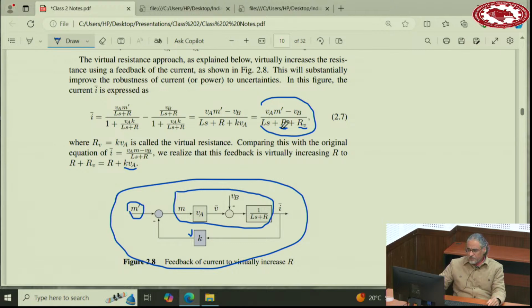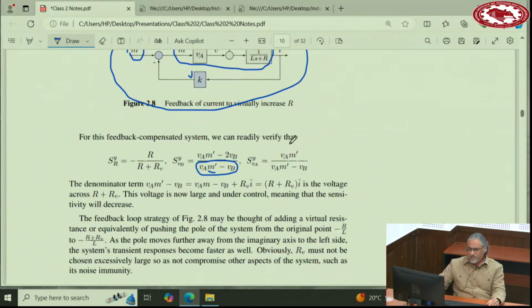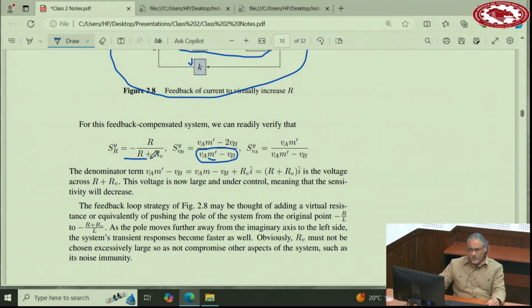And it changes the transfer function properly such that now we don't have that problem of small R. So we have a large R, and the sensitivity functions, all of them, will decrease with the same proportion. For instance, if you choose RV equal to 9R, now you have R over R plus 9R, which becomes R over 10R, so it becomes negative 1 over 10.